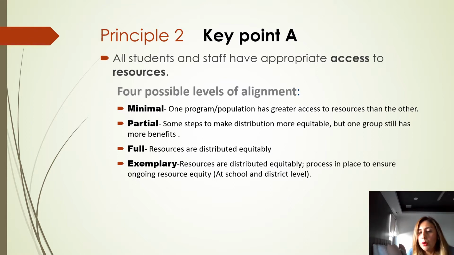At the partial level, some steps are taken to make distribution more equitable, but one group still benefits more. At the full level, resources are distributed equitably. And at the exemplary level, the resources are distributed equitably, and there is a process in place to ensure ongoing resources are equitable at the school and at the district level.